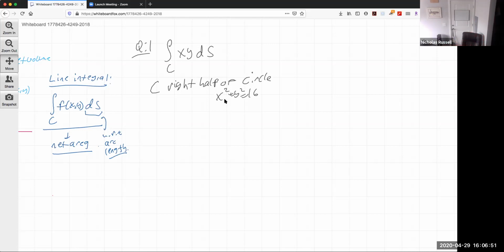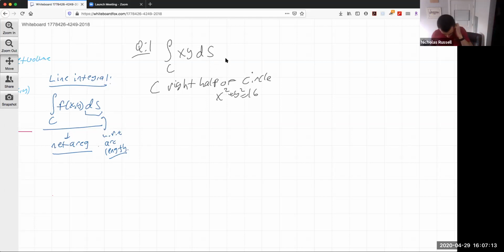So the problem used to be, if I had a domain, I would think in terms of x and in terms of y, I would write a type 1 or type 2, maybe. But here I have a curve. I don't have a bounded domain, I don't have anything. So how do I go about this? Especially this ds is a problem.